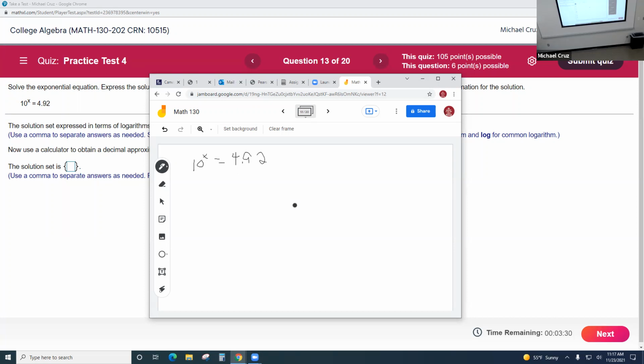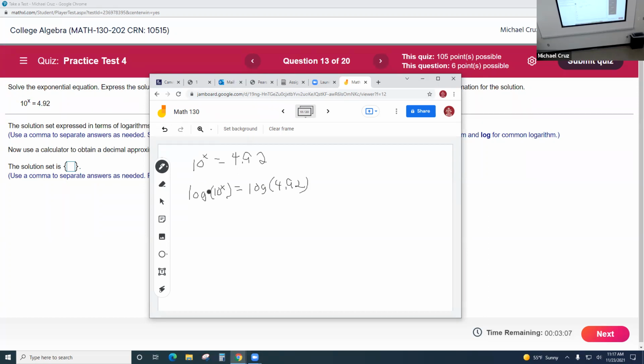So we got to get that. We do it in log, right? Yeah, because we got to undo this. So if we do the common log, that's going to undo that. We also got to do this side, and that's just going to be a proper value we need to approximate.